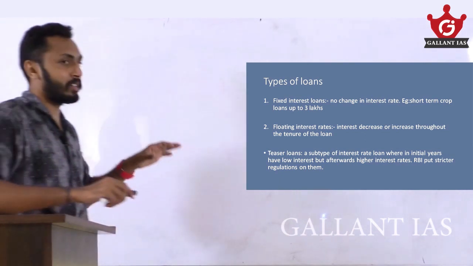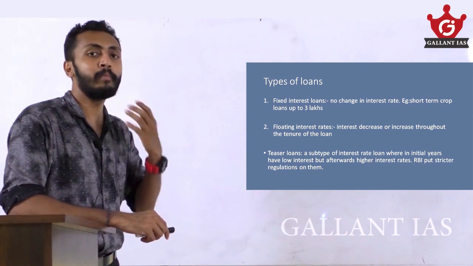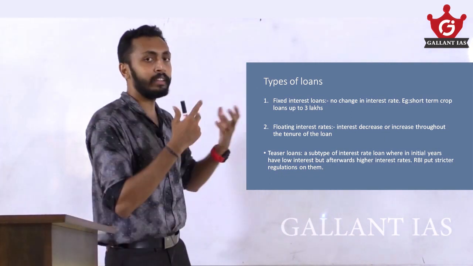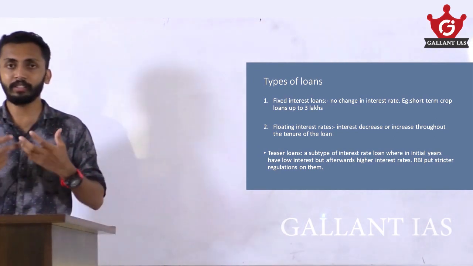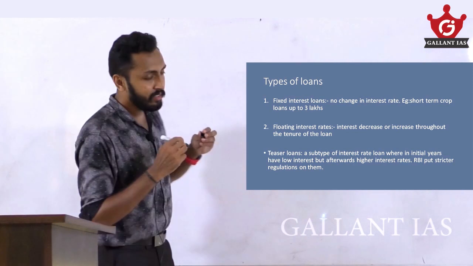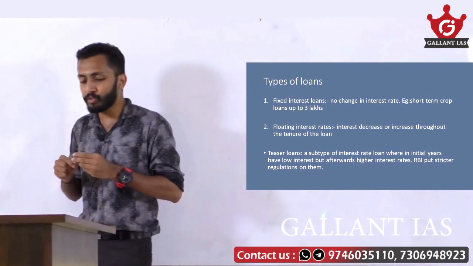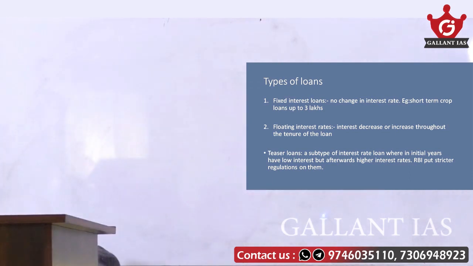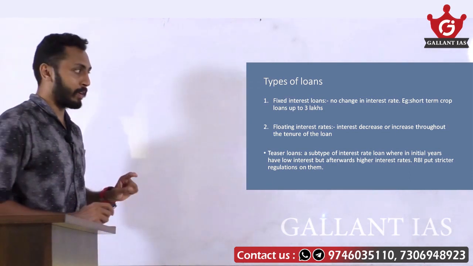This interest rate is the main earning of any bank. Interest rate is the return for every loan given. So banks decide this interest rate mainly based on the monetary policy of RBI.